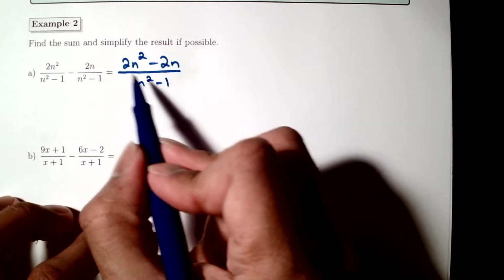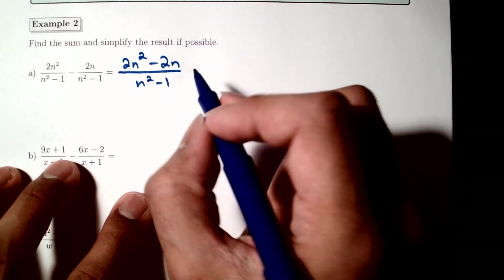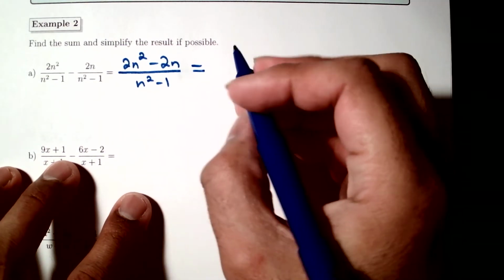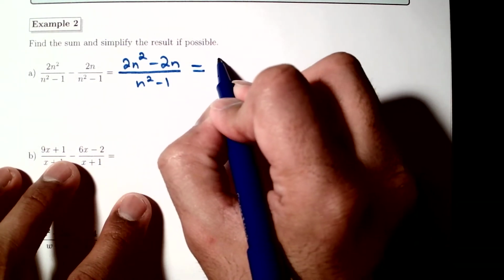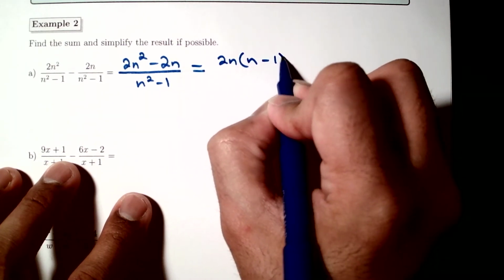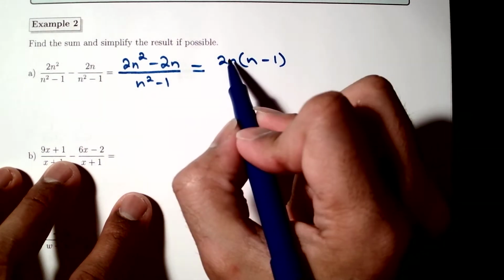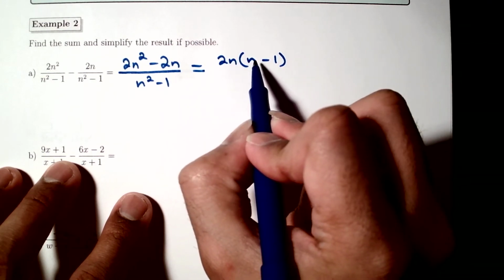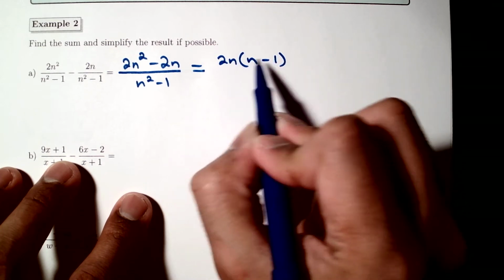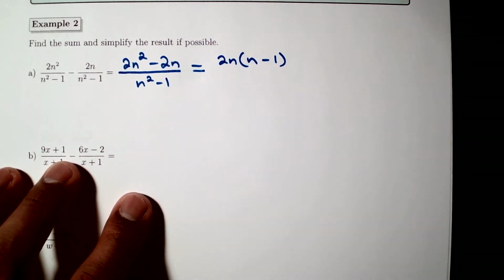So every time you add or subtract the fractions, you need to determine whether you can divide out common factors. So in this case, 2n will be the GCF, and then n minus 1. If we distribute 2n times n, that's going to give us back the 2n squared, and 2n times negative 1, that's going to give us negative 2n.